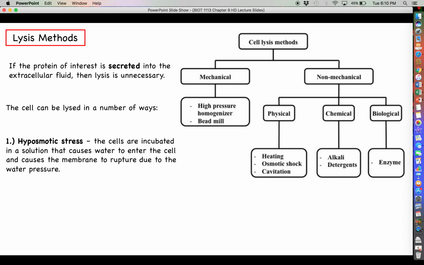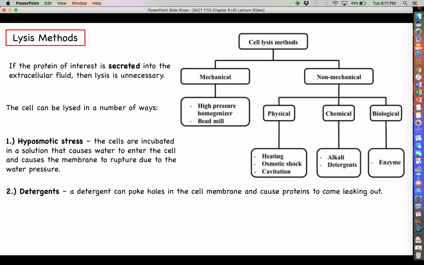The way this happens is that the lysis buffer that the cells are placed in has a higher water concentration than the fluid inside the cell, and this inequality in water concentration across the membrane causes water to want to move to correct that imbalance. So water enters the cell, and the cell starts to swell up until it ruptures due to the increased osmotic pressure. That is certainly one way to go about it.